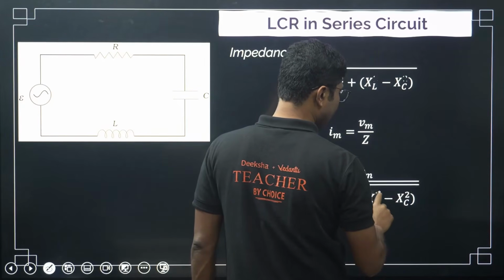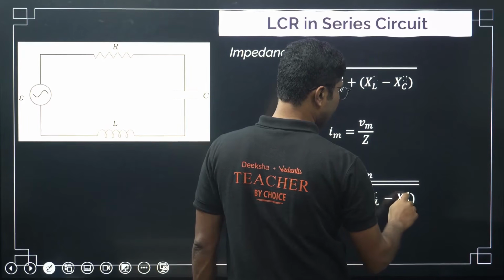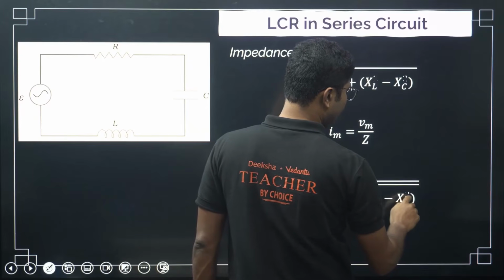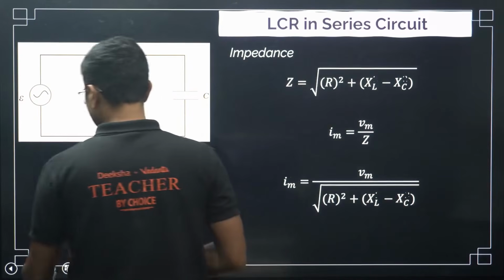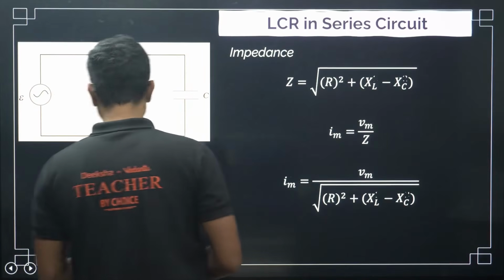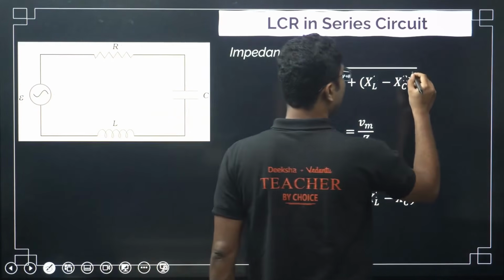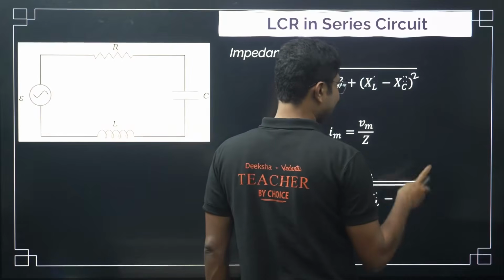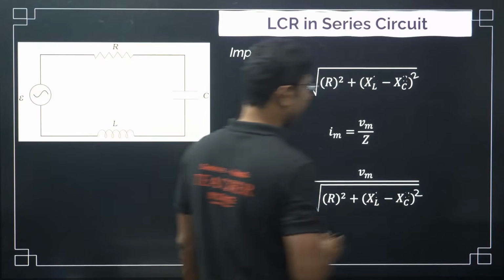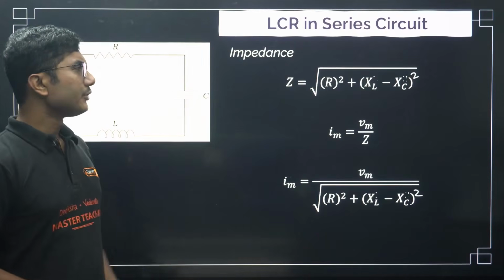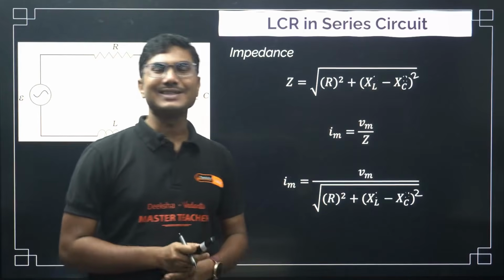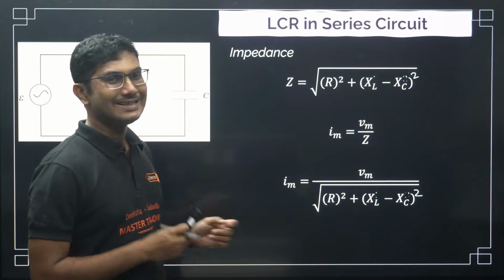So that's how we can calculate the impedance of the circuit. This is the formula for impedance in an AC series LCR circuit.